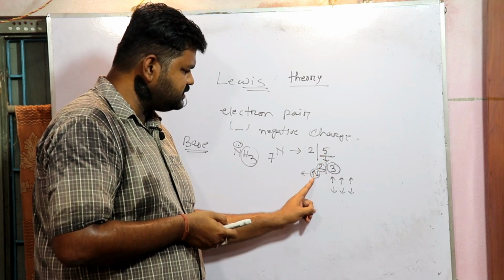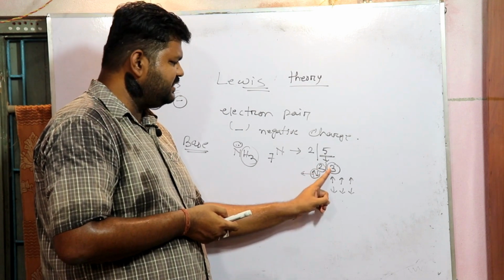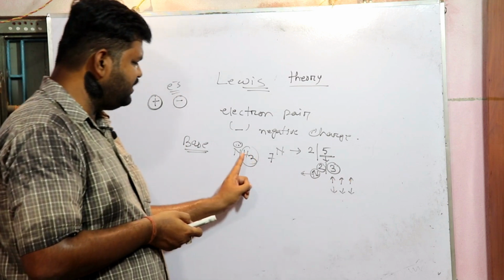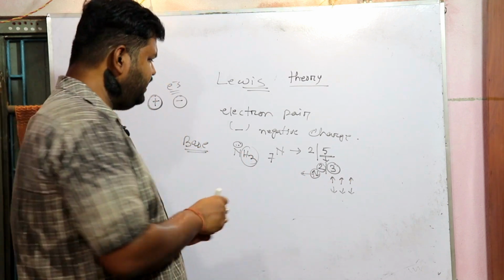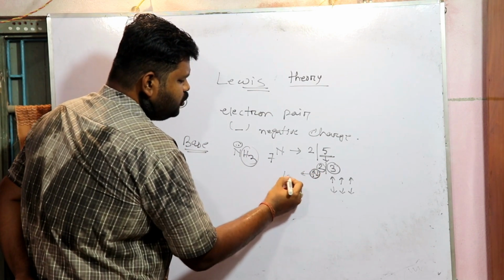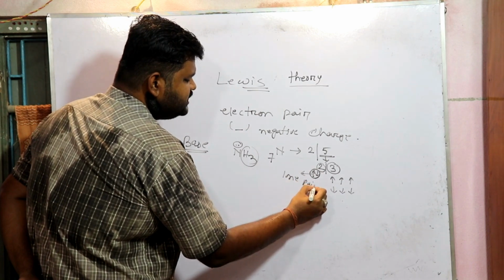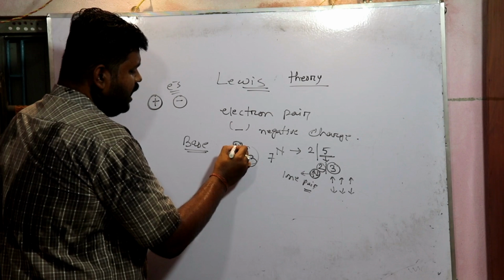These 2 electrons are in paired position and are not reacting with any other element, and the 3 single electrons react with the 3 single electrons of 3 hydrogens. Okay, ammonia is now generated. Now nitrogen is having this pair of electrons which is known as a lone pair. So ammonia is having one lone pair.